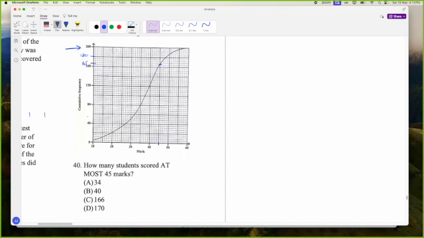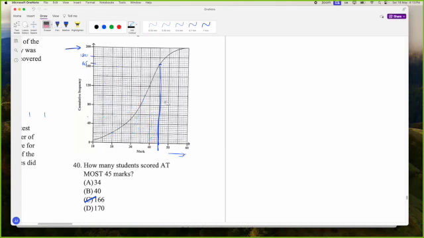But look, I see in here 166. But they say at most. So how many students scored at most? For the most, they scored 45, so we're looking for these students here. So yes, these students would be 165.